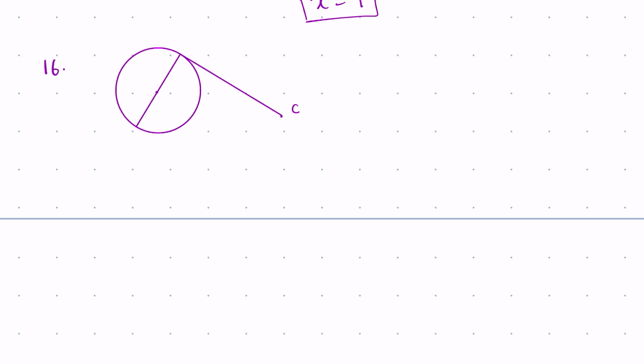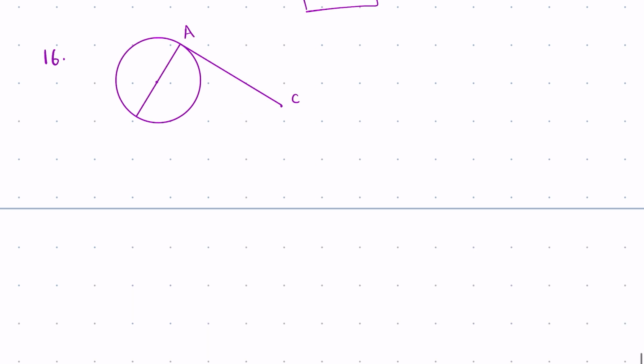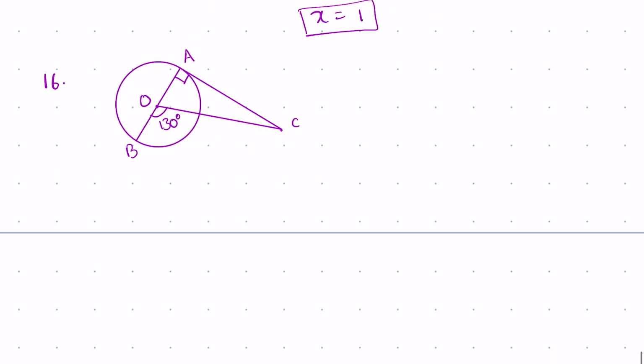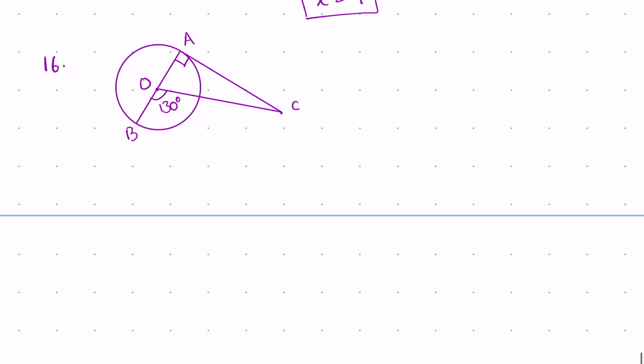So that's point C, that's our A, and then these are also connected. That's center O. This angle is 130 degrees, and this is B. So the question is, if BOC is 130, then find angle ACO. So I need to find this angle, right? No problem.